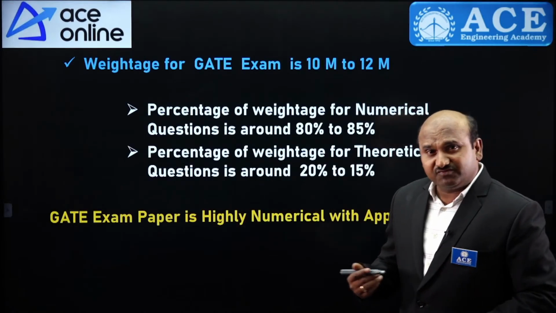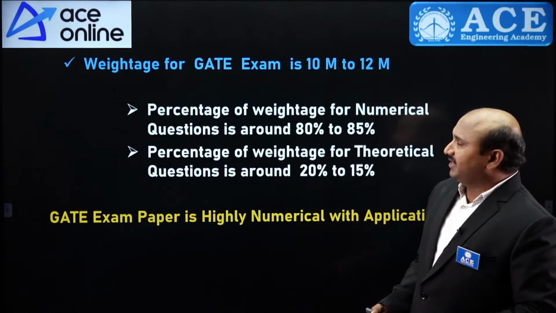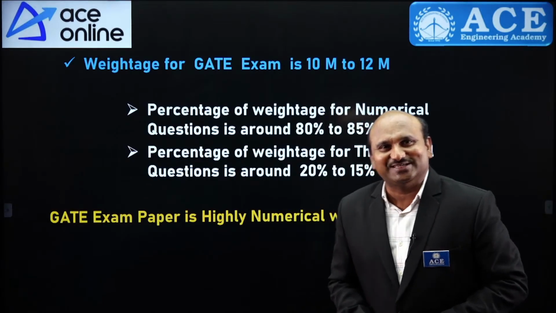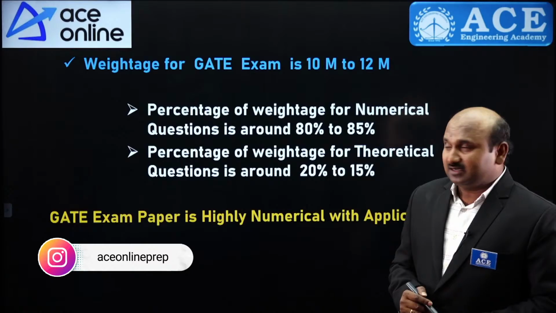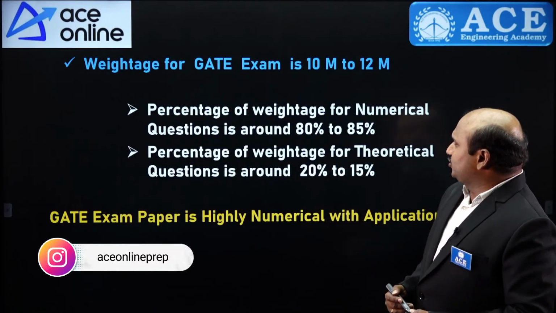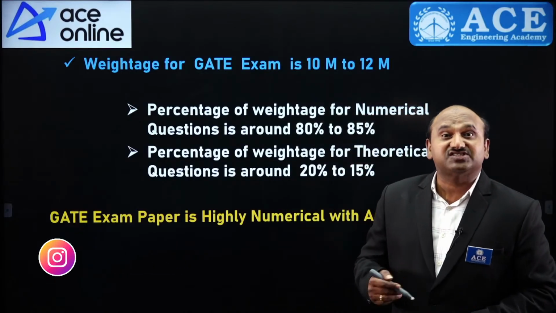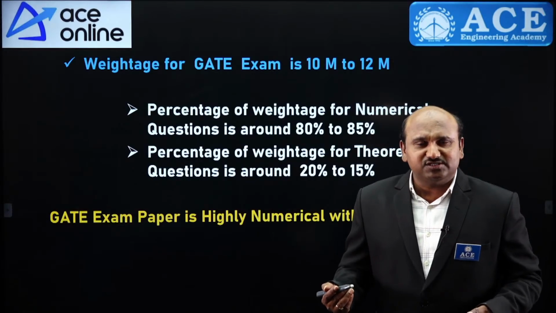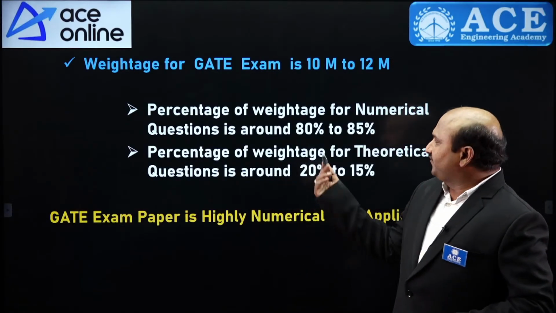Now, the weightage for the GATE examination in my subject, your favorite subject network theory, is 10 to 12 marks, and around 80-85% of this weightage is for numerical questions. This is very important. Theoretical questions you may not expect more than maybe 15 to 20%.